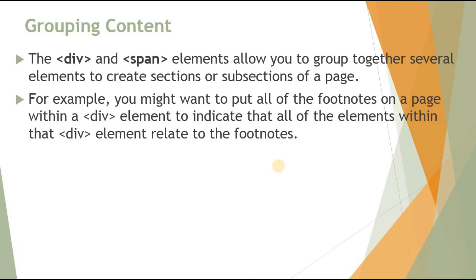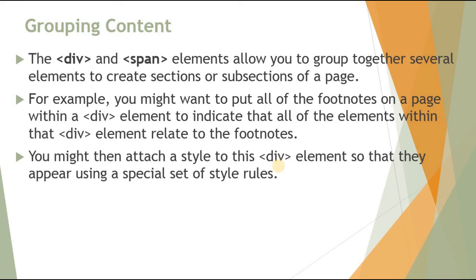For example, you might want to put all the footnotes on a page within a div element, that is a division, to indicate that all the elements within the div element relate to the footnotes. You might then attach a style to this element so that they appear using a special set of style rules.